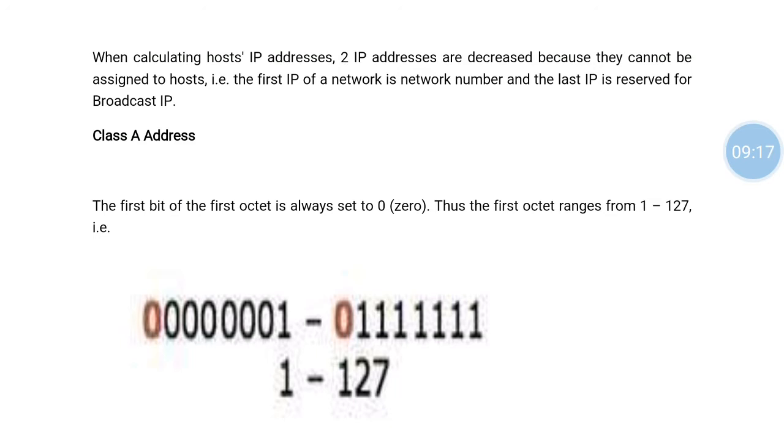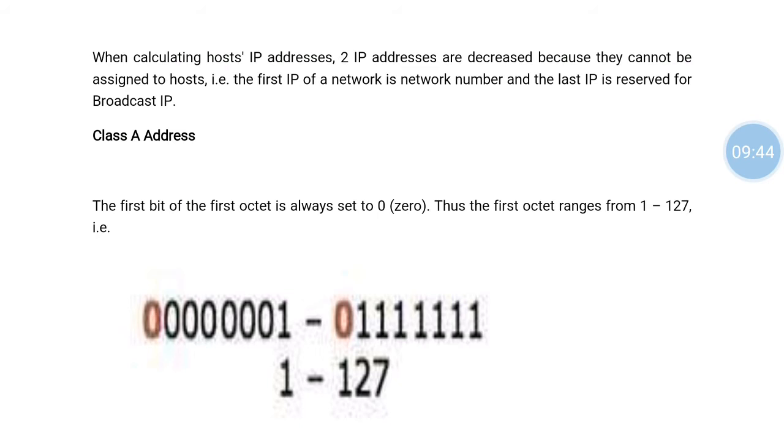IPv4 has 5 classes: class A, class B, class C, class D, and class E. First, class A. In class A, the first bit of the first octet is always set to 0.